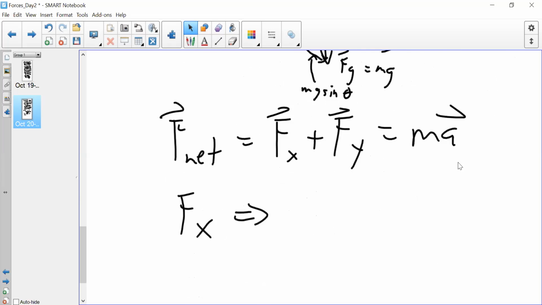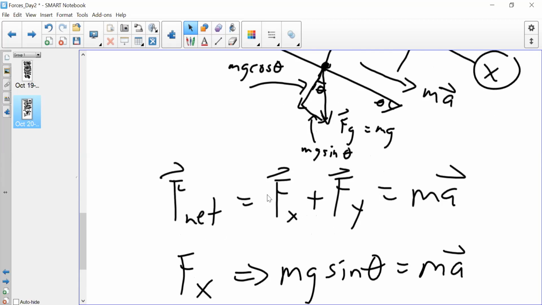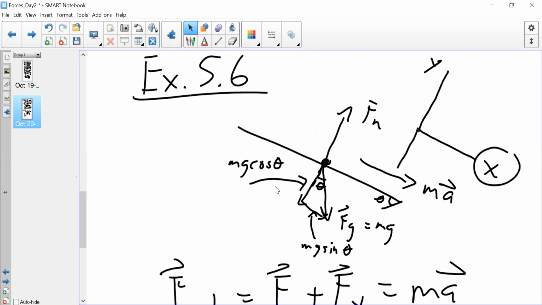Said the ramp was frictionless. So that's why you can see the x equation is mg sine theta equals ma. Whereas in Fy, all the forces in the y direction, vertical direction, the normal force here minus mg cosine theta. Why minus? Because it's along the negative y-axis.